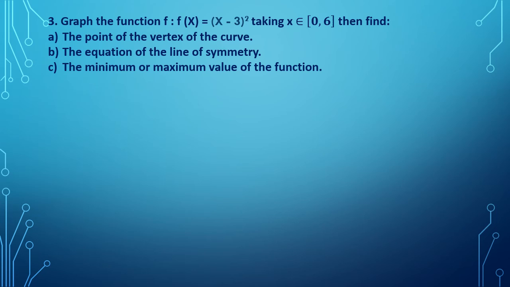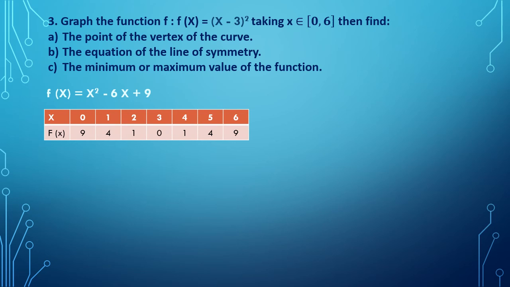So by expanding the function, first squaring x, it will be x to the power 2, and the middle term, 2 times 3, will be 6 times x, so -6x, plus (-3) all to the power 2, which is +9. So this is the function for the interval from 0 to 6, by making this table and getting f of x after substituting.